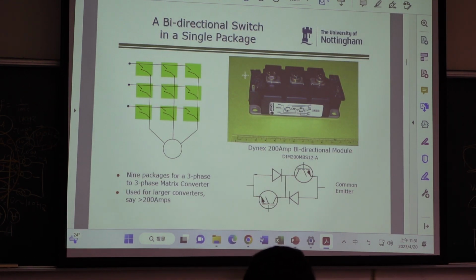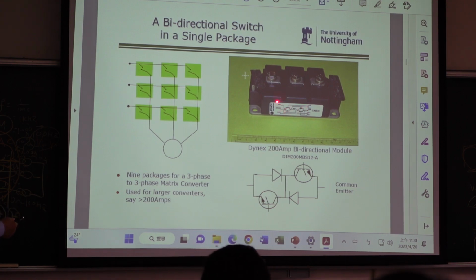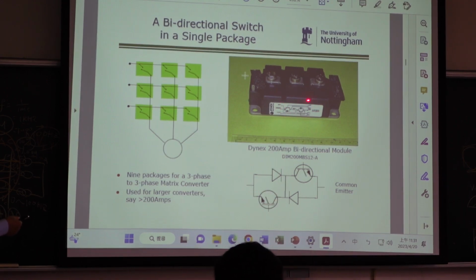So you can see this is one AC switch in one package. In one module you have 2 diodes, 2 IGBTs, like this. And in general, we put them in common emitter.